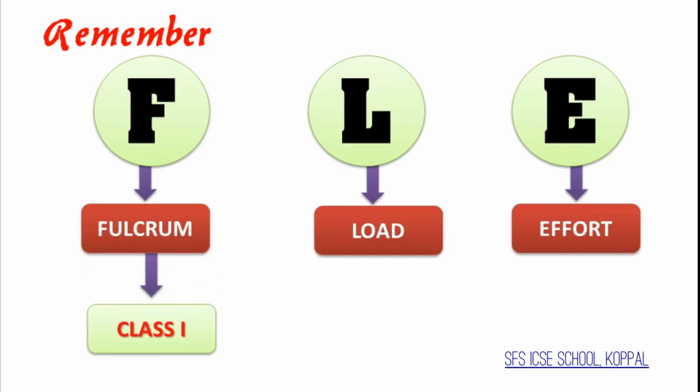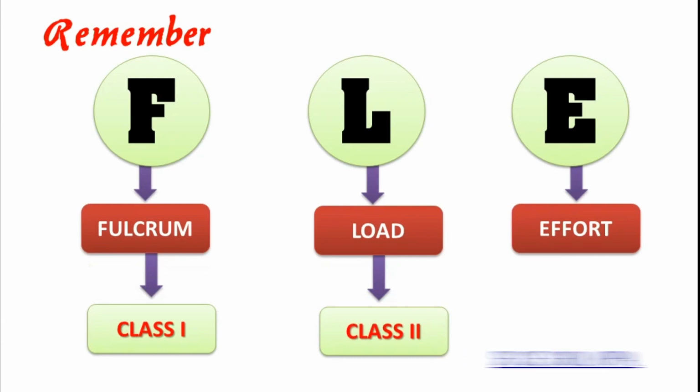And second word is L. L stands for load, and if load is in the center, it is second order lever. And the third word is E. E stands for effort, and if effort is in the center, it is third order lever. Very easy. If fulcrum is in center, first order. If load is in the center, second order. And if effort is in the center, it is third order lever.